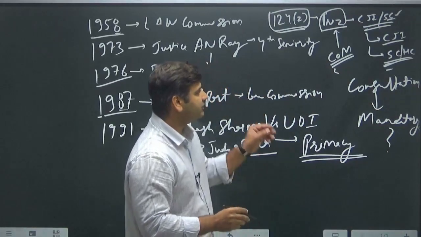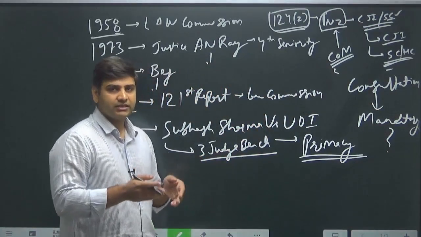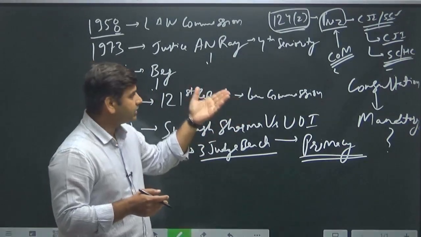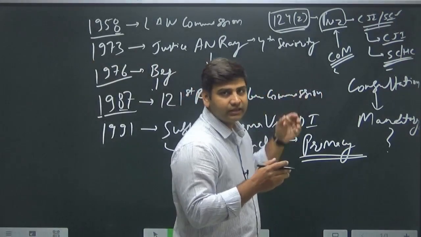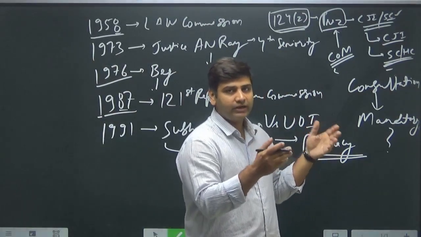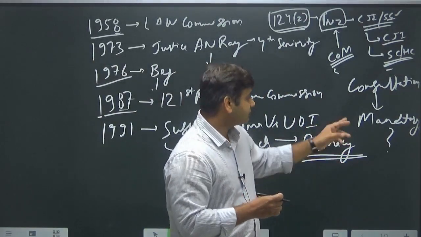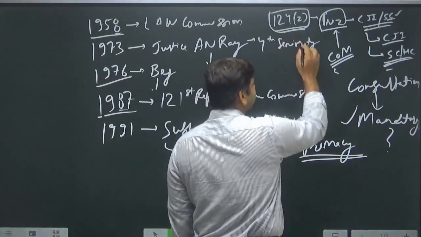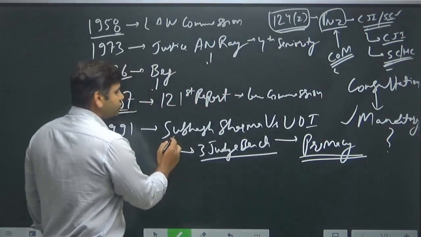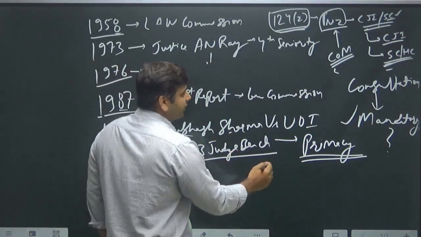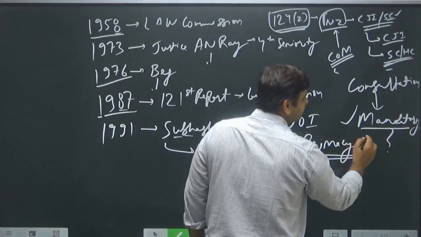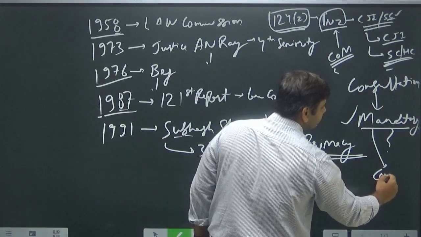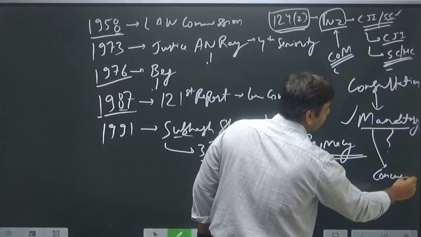That simply means if the Chief Justice of India says to appoint person A, is it binding on the government or the President to appoint person A? Is it mandatory or not? This was not defined or interpreted till this 1991 Subhash Sharma case, that whether the consultation is mandatory. That simply means the consultation can be read as concurrence or not.